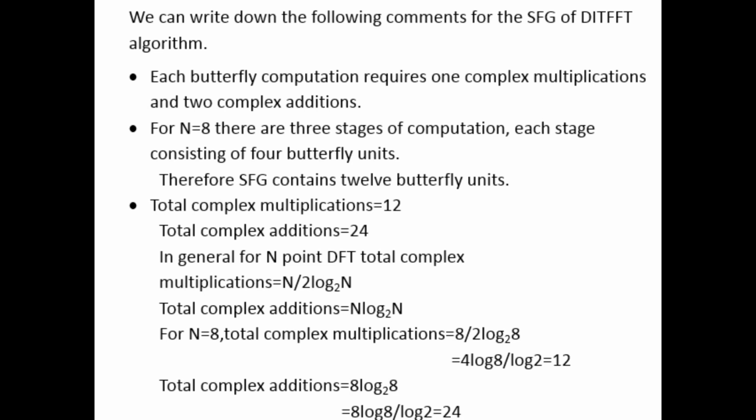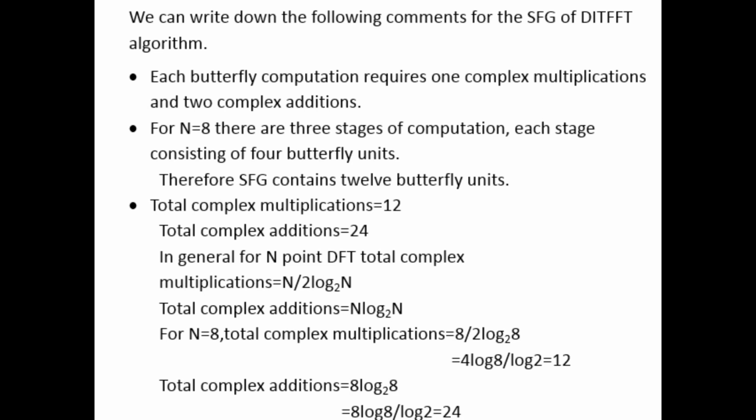For n is equal to 8, there are 3 stages of computation, each stage consisting of 4 butterfly units. Therefore, signal flow graph contains 12 butterfly units. Because 3 stages are there, in each stage we have 4 butterfly units. So 4 into 3, it is 12 butterfly units. Then total complex multiplication is 12. Total complex addition is 24.